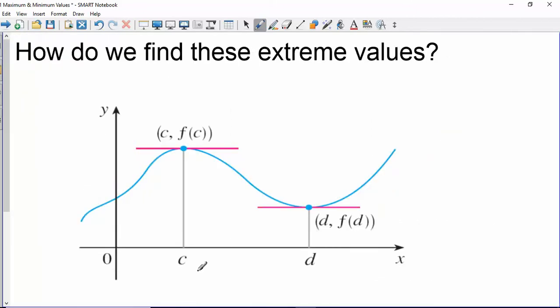So then we need to ask ourselves, how can we get those values? If you think about a graph, those maximums and minimums are the peaks of our graph. What's true of those? If I drew those tangent lines in, what kind of tangent lines do we have there?